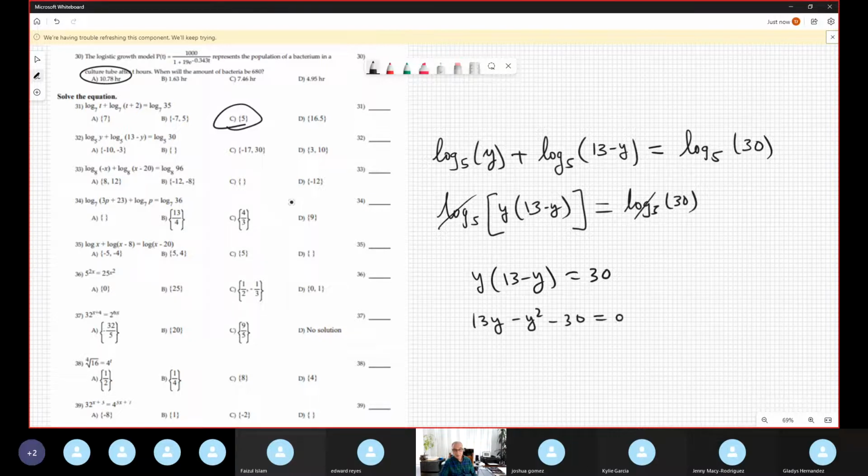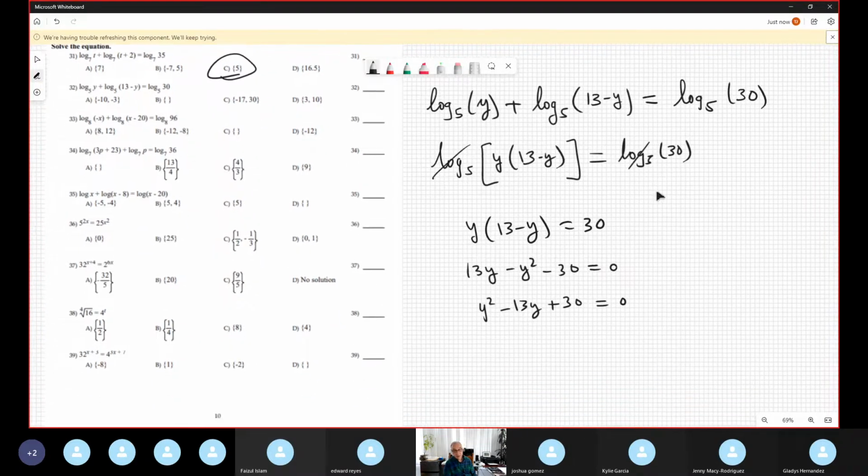Let me multiply the whole thing by -1, and we write y squared minus 13y plus 30 equals 0. And the thing I did was multiply both sides by -1, and 0 multiplied by -1 is 0 because 0 has no sign. And it's ready to apply factorization.